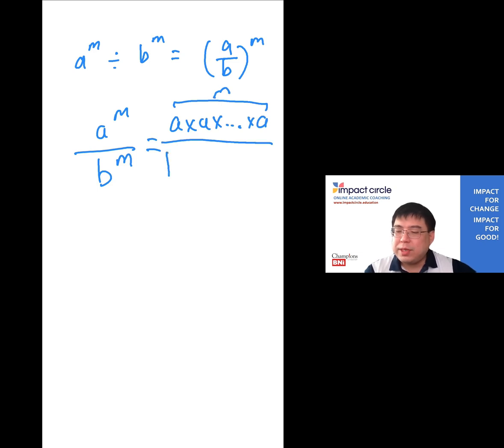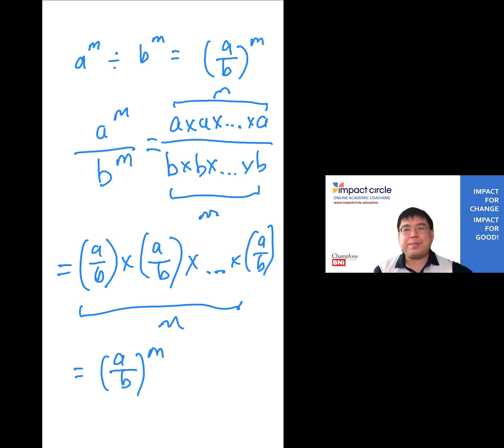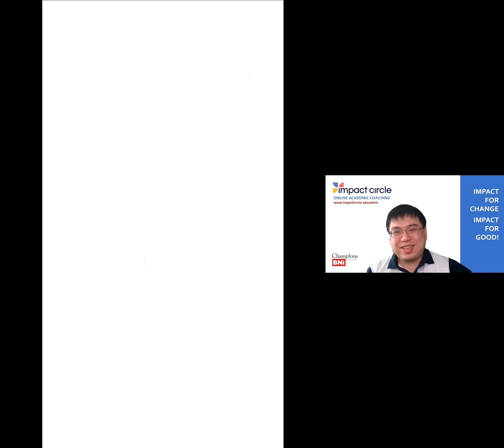At the bottom, we have b times b and so on, also m copies. And because these are fractions, we can split it up into a over b times a over b times a over b, and we have m copies. Therefore, this gives us a over b to the power of m. So there you have it.